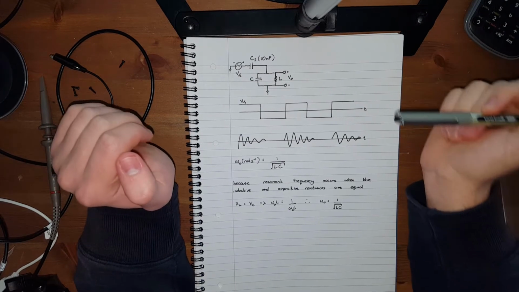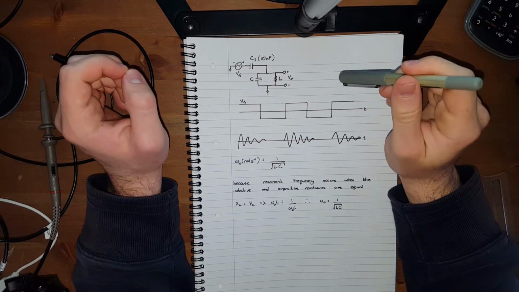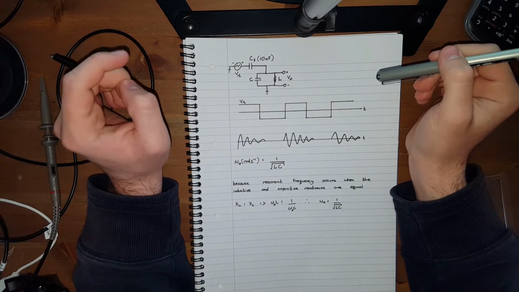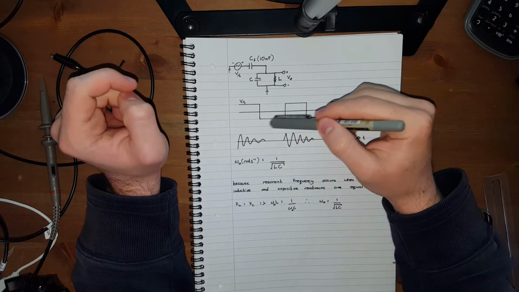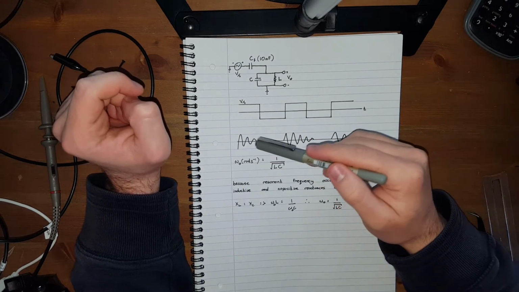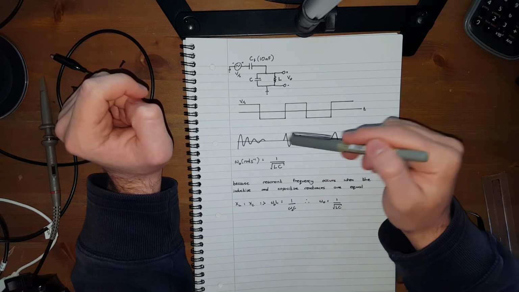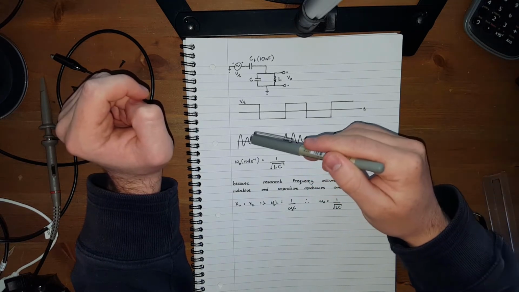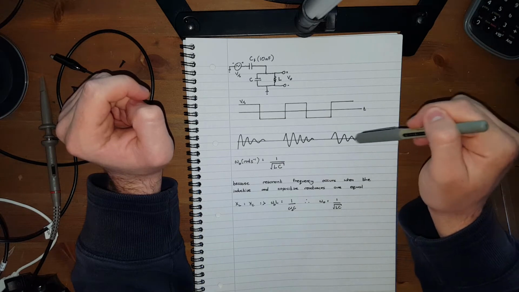In order to measure our unknown inductance, we're going to be using an LC tank circuit, or an LC resonator circuit, and we're going to be sending a square pulse through it. You'll notice that every time there's a pulse, the circuit is going to resonate and it's going to be underdamped like this.